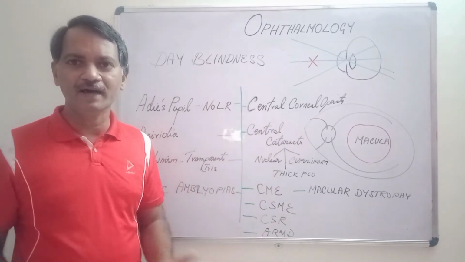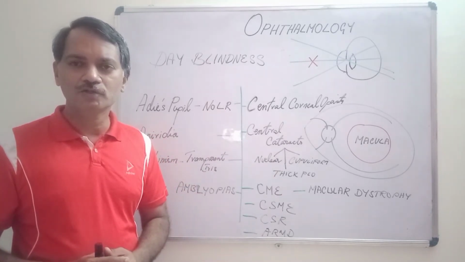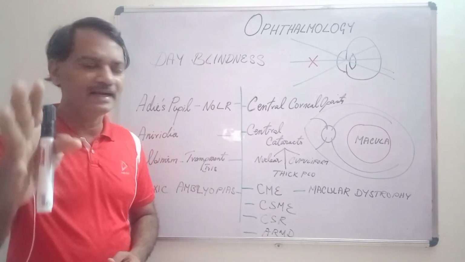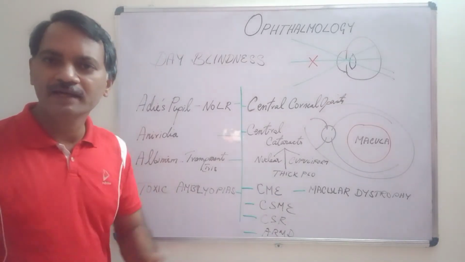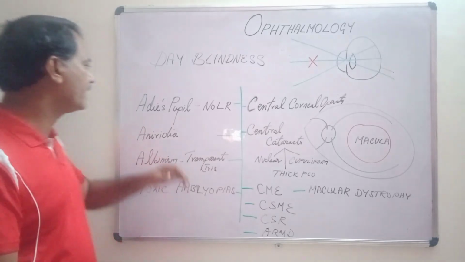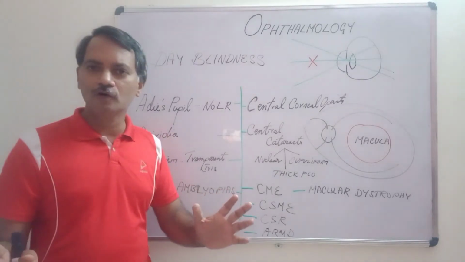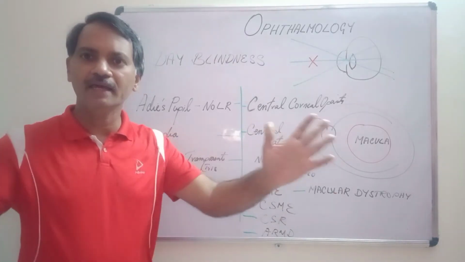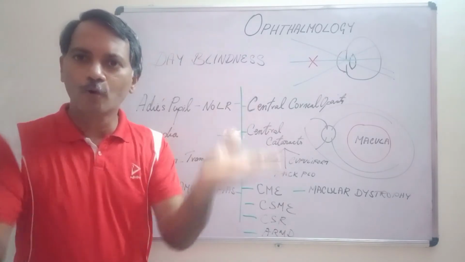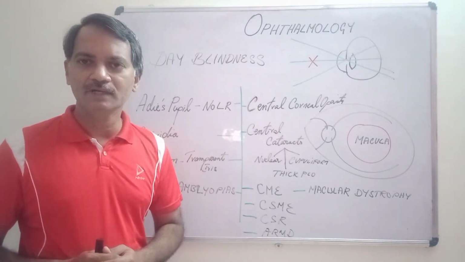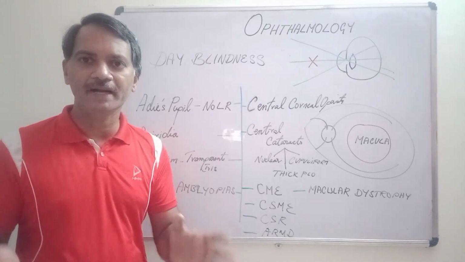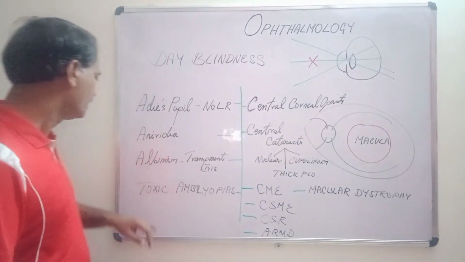They fall everywhere, leading to less vision in the daytime. Aniridia, absence of iris. Once again, this is the same as Adie's pupil. Here also, light rays enter the eye through the entire open area, due to absence of iris. So that will decrease the daytime vision compared to the nighttime vision.